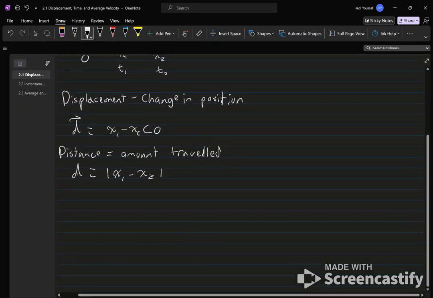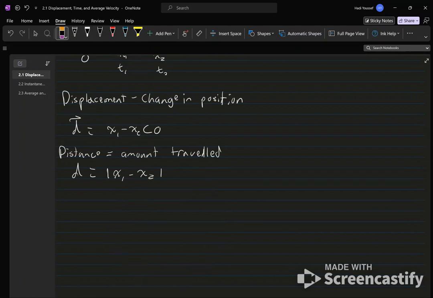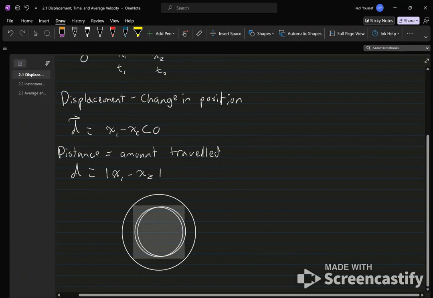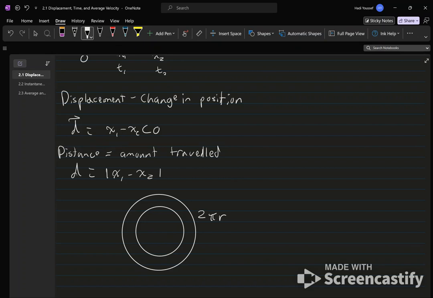For example, if I were to have a circular racetrack, this will have to do, with a circumference of 2 pi r, and a car were to travel the edge of this, starting here and ending here.